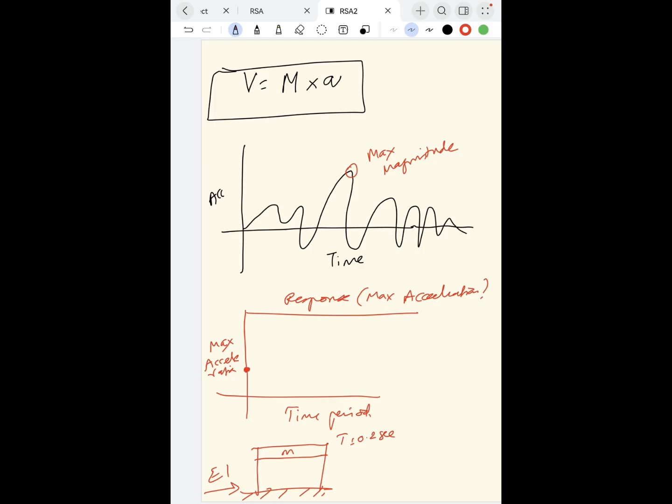Now, by increasing its height, let us fix the same mass. By increasing the height, let us make the time period 0.4 seconds and again measure its acceleration due to the same earthquake E1, like this.